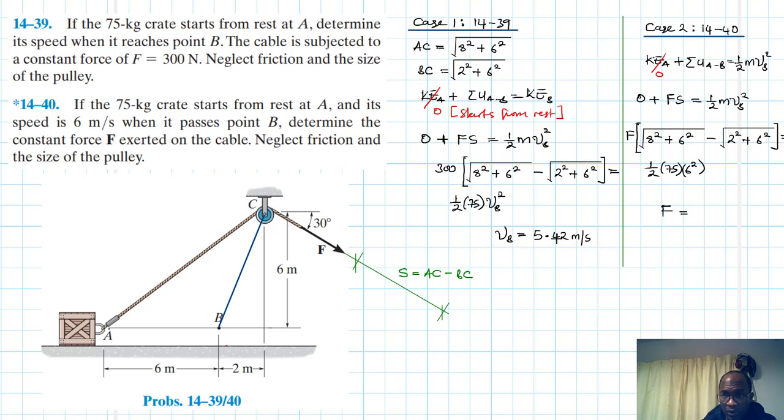Okay, and then later on we have all that stuff and we divide that by the answer. Then we have a force of 367.30 newtons. All right, I guess we are done.